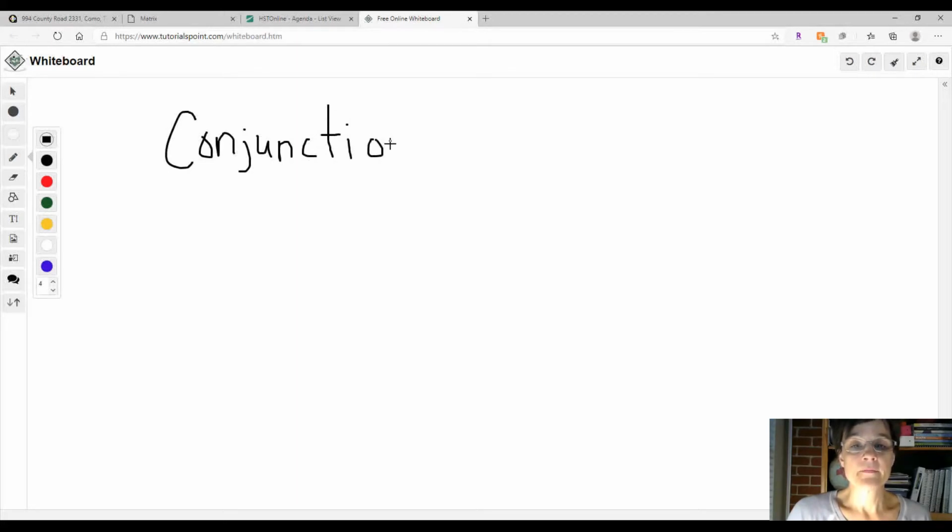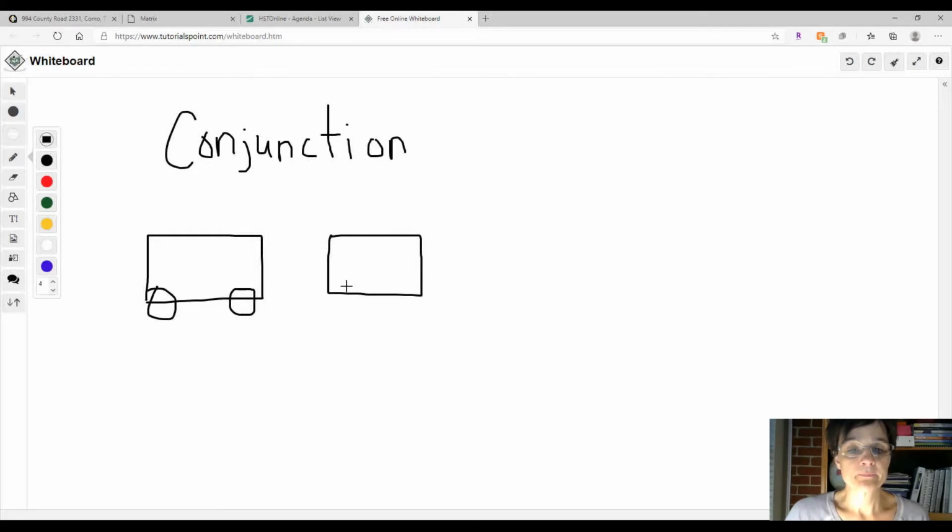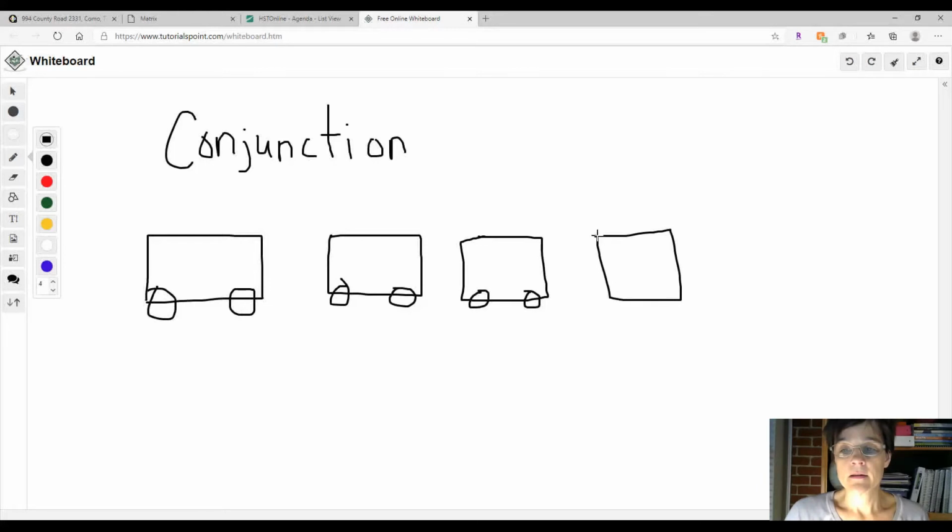Okay, now, if you have a railroad car, and then you have another railroad car, and they're pulling down the track, don't laugh at my drawing, because I know you want to. All right, so they're going down the track.